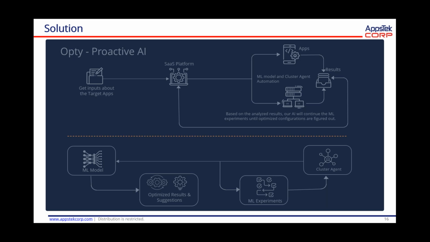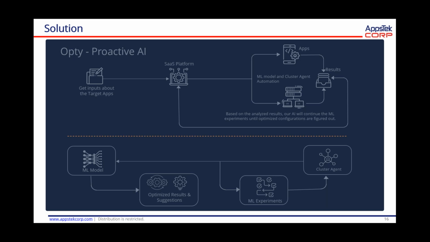Our AI cluster agent will collect those metrics and do on-the-fly dynamic analysis on what needs to be tweaked and when I can achieve the optimal results, the optimal goals. And this is based on data-driven evidence.